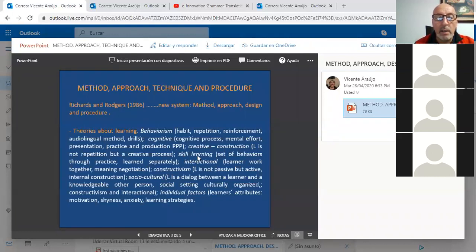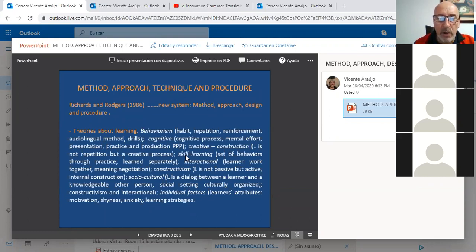Well, according to some authors, the four skills, listening, speaking, reading, and writing, are divided into two groups, receptive and productive. They say that speaking is productive. You produce something. And writing is also a productive skill because you produce pieces of language. So you speak, you produce. You write, you produce.